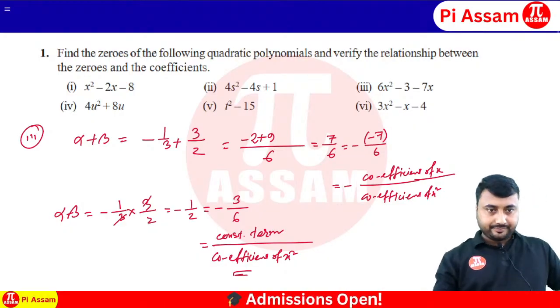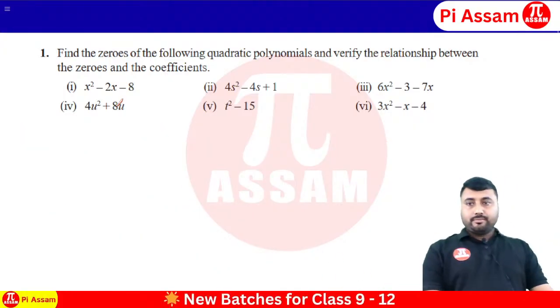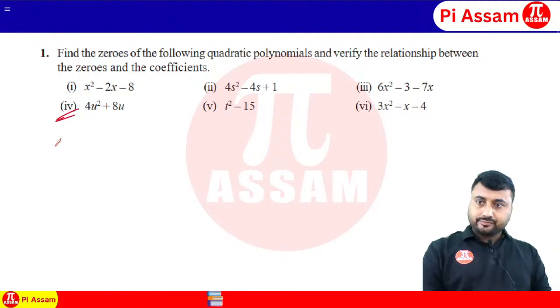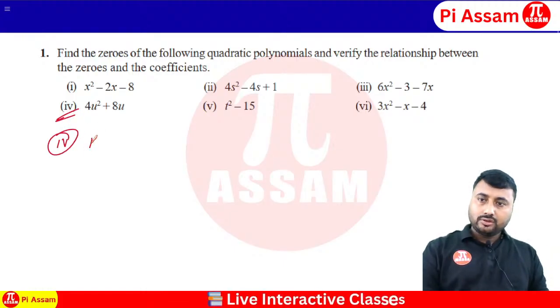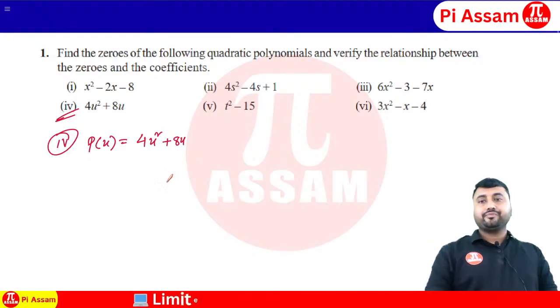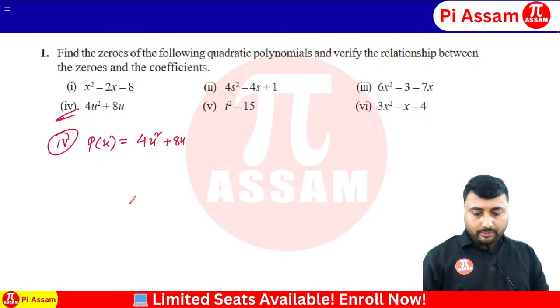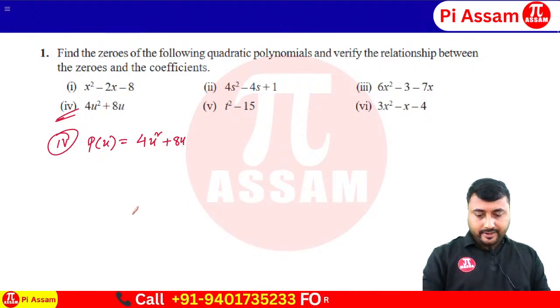Okay, fine. Next, we are going to question number 4. Question number 4: p(u) is 4u square plus 8u. Okay. So, how can we solve it? It's very easy.